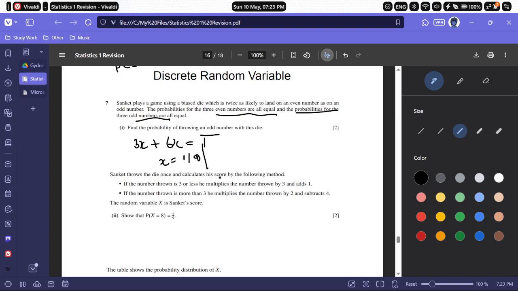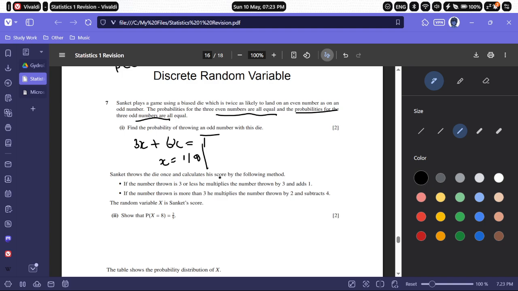And the random variable X is Sanket's score. So he basically throws the die, gets a number, and does this calculation based on the value of the number to get the score X. Pretty straightforward. Now, show that probability of X equal to 8 is 2 over 9. So the probability that Sanket's score is 8 is 2 over 9.